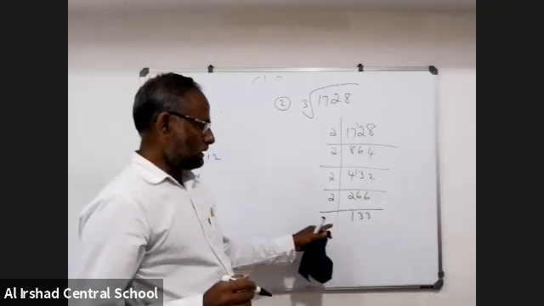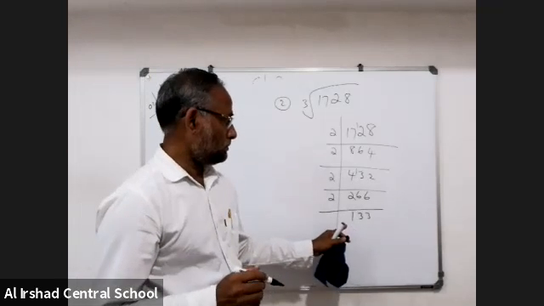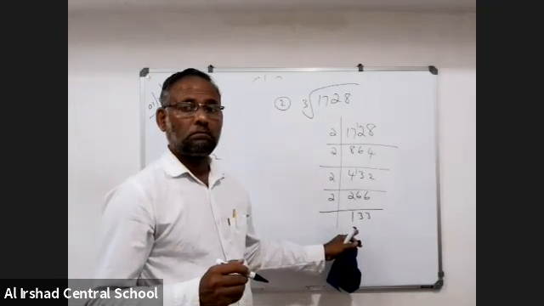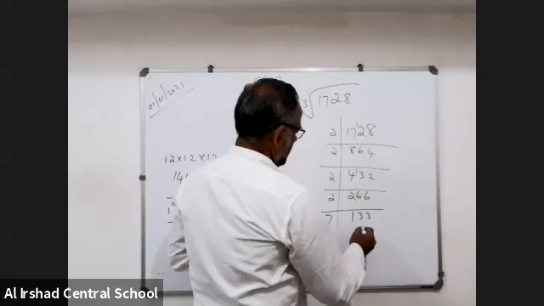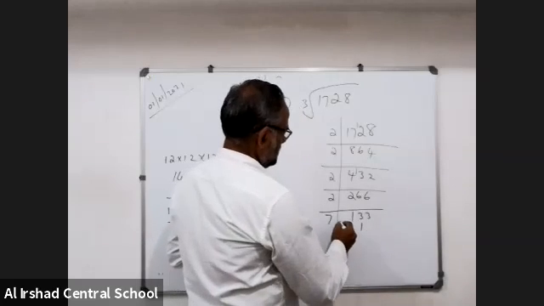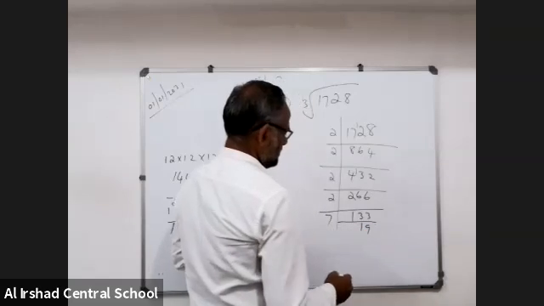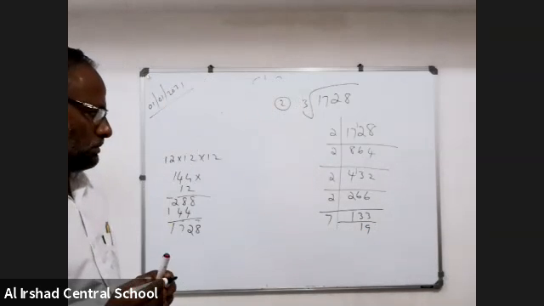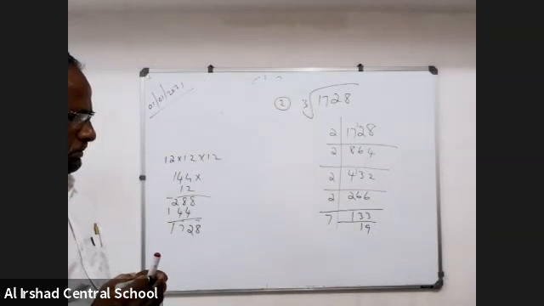Can you divide by 3 or 7? 7. Okay, divide it. How many times? 1 7 is 7. 19. Then 19. Not possible then?